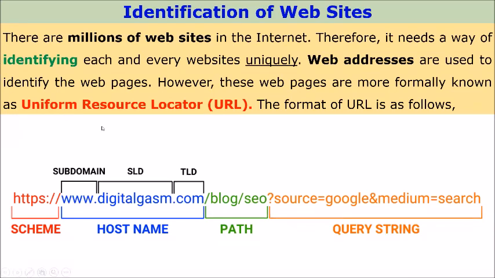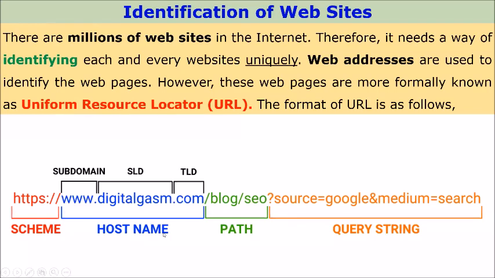Right. Then you want to be familiar with the format of this URL. Normally a URL starts with HTTPS://. This is also known as protocol. Here it is given another name called scheme. Then after that in the URL comes the host name. In this blue color it says host name.